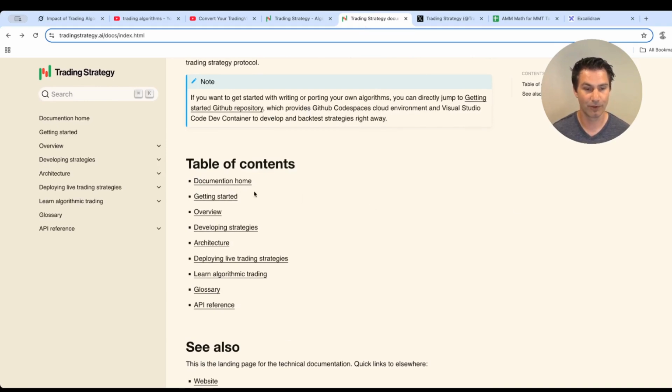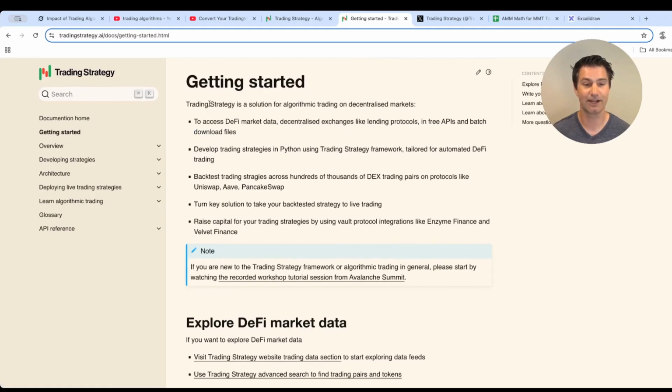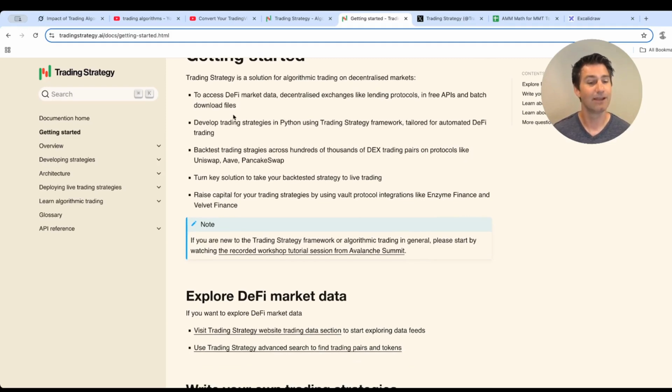If we look through getting started, we have Trading Strategy as a solution for algorithmic trading on decentralized markets. Access DeFi market data, decentralized exchanges, lending protocols, free APIs and batch download files, backtest. Okay, so here, develop strategies using Python. So this was really interesting. Okay, this is now, I think, what I'm looking for.